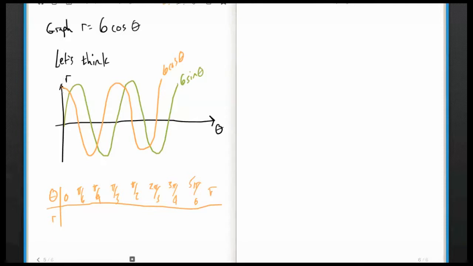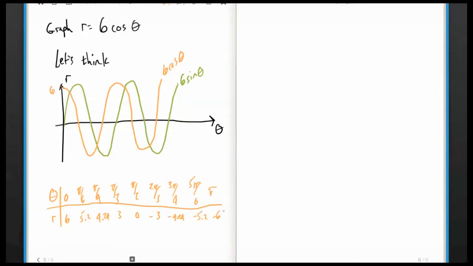My values are going to start at 6. This is 6 up here. And they're going to drop down, so it's going to go 6, 5.2, 4.24, 3, 0, because cosine at pi over 2 is 0, so I did that correctly. And then there's some symmetry there, except I start going negative. So it goes negative 3, negative 4.24, negative 5.2, and then negative 6.